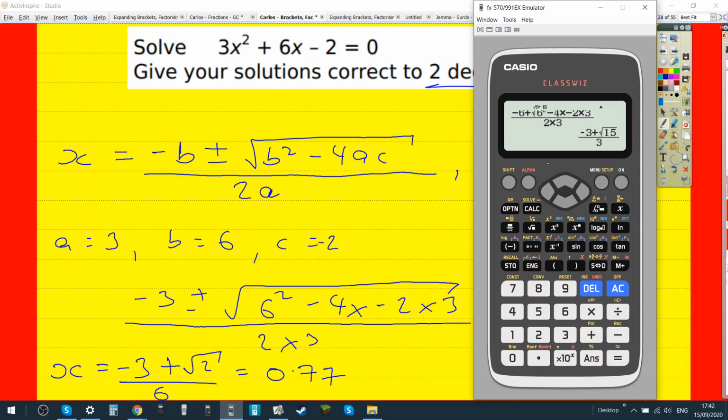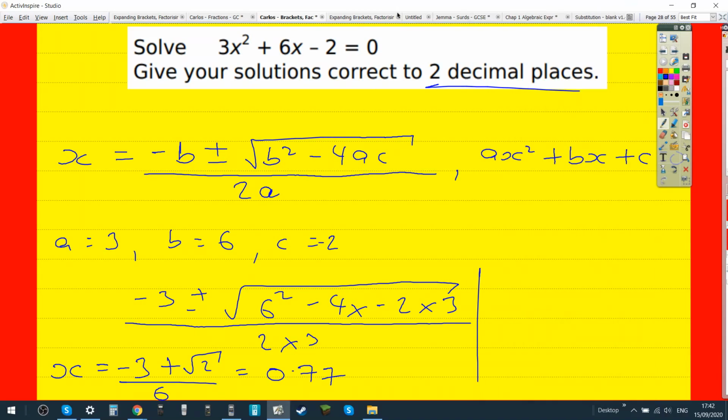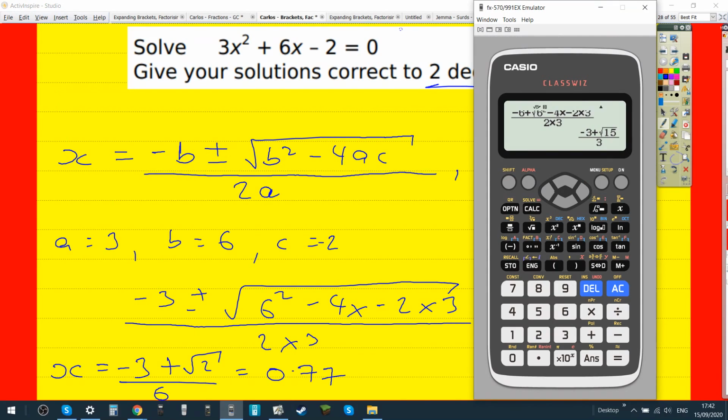Okay, and then edit it by pressing left or right to get the minus version. So change the plus to a minus at the start. The plus or minus bit, that we had as a plus, now becomes a minus.